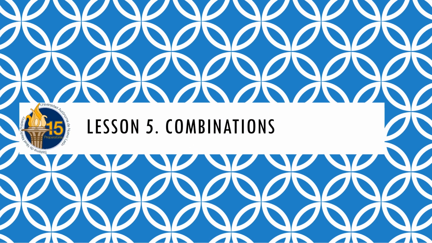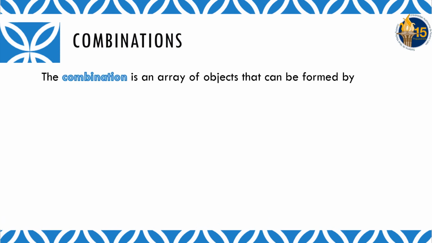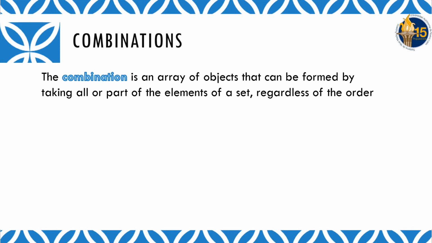Lesson number 5. Combinations. A combination is an arrangement of objects that can be formed by taking all or part of the elements of a set, regardless of the order in which they are.